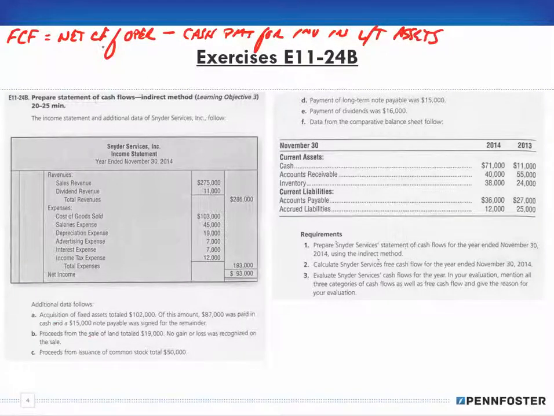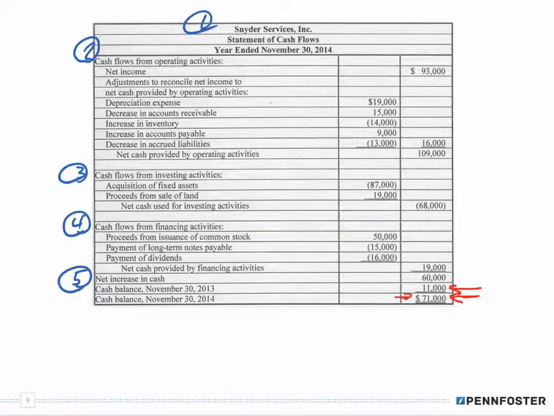The net cash flow from operations was this here, 109,000.